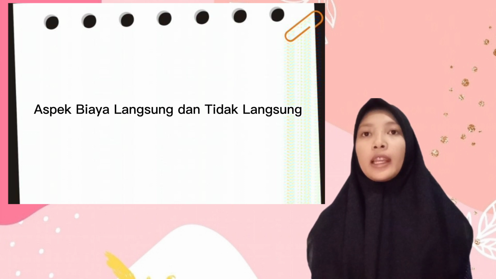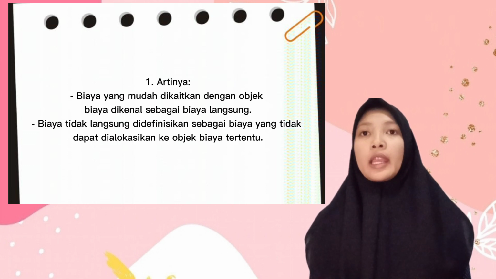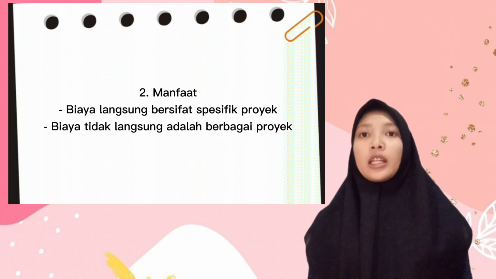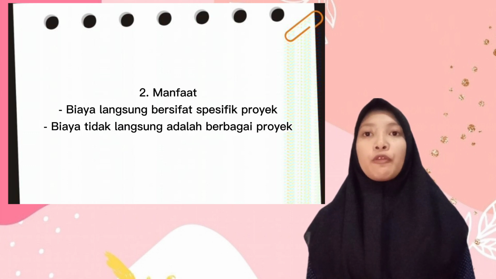Aspects of direct and indirect cost. 1. Meaning. Costs that are easily associated with a cost object are known as direct costs. Indirect costs are defined as costs that cannot be allocated to a specific cost object. 2. Benefits. Direct costs are project specific.